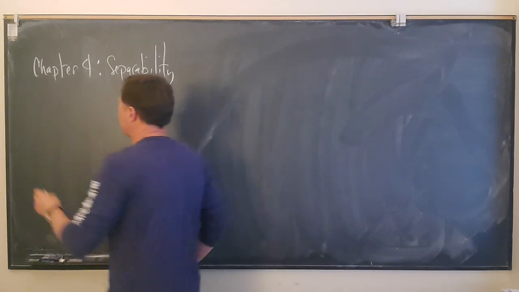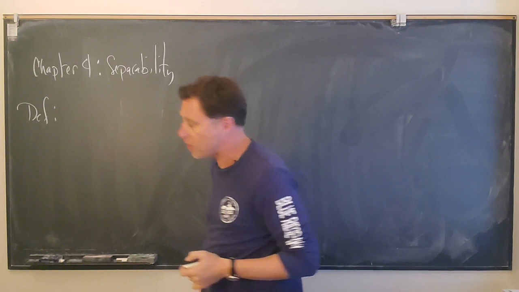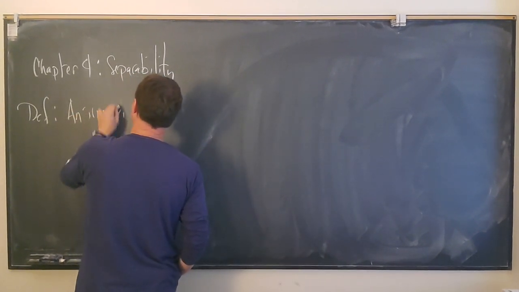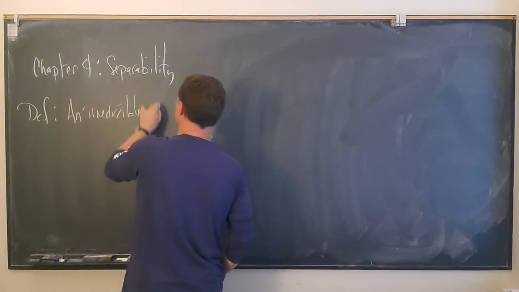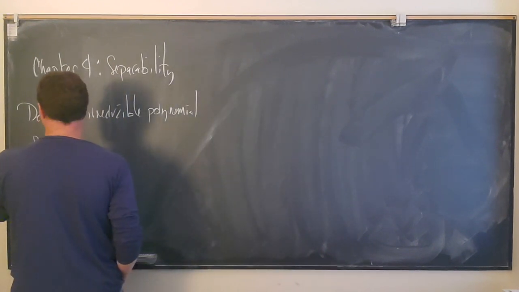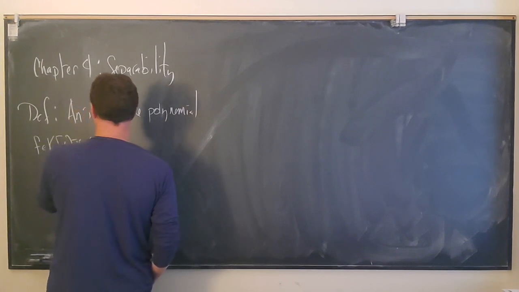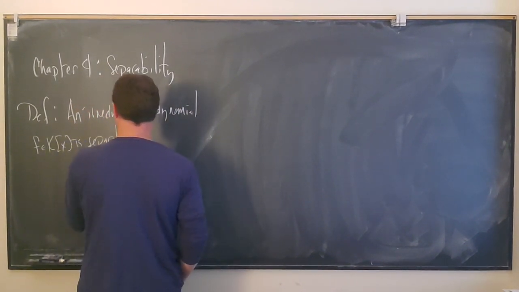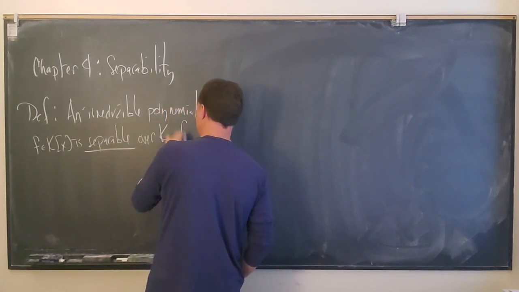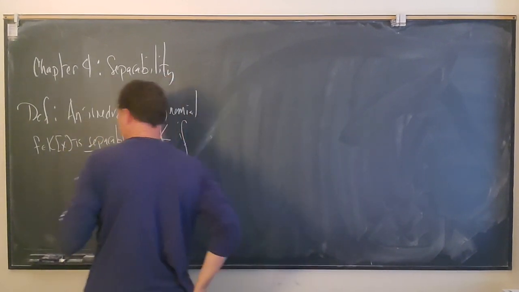Okay, so we're going to start with a definition. In fact, we're going to have a sequence of definitions that lead to the definition that we actually need. So first, an irreducible polynomial, say f in k[x], is separable over k if, well, there's a few different ways to say this, so I'll say it first like this.